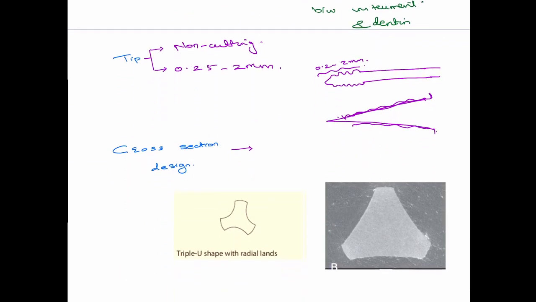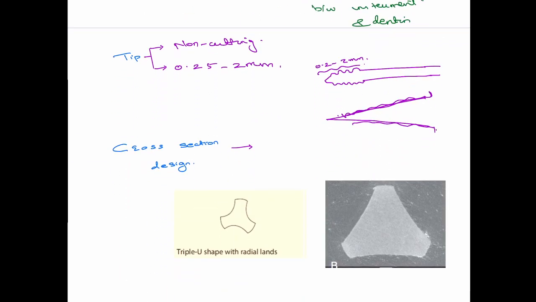Now we come to the cross section. Remember, it is triple U shaped with radial lands. Since it's the first generation, there will be radial lands. Just write it down, because sometimes exceptions can come with radial lands.